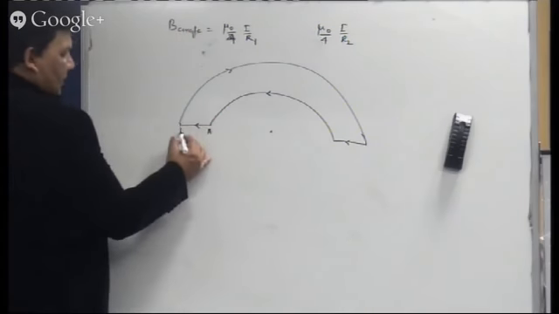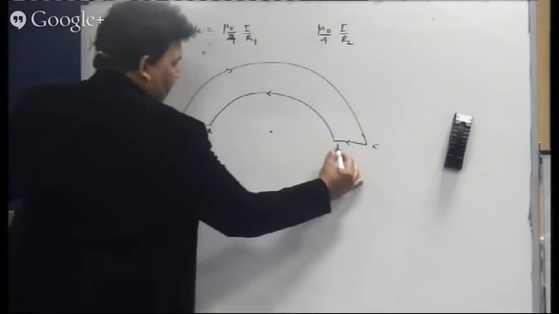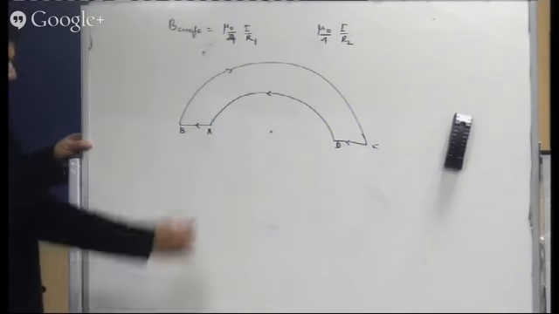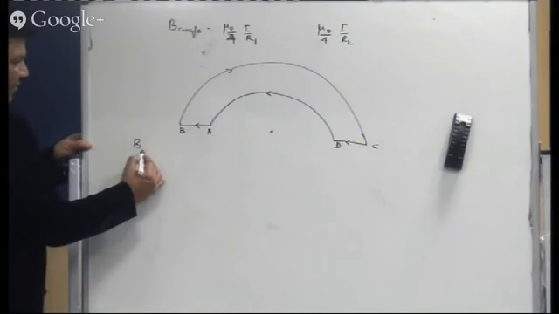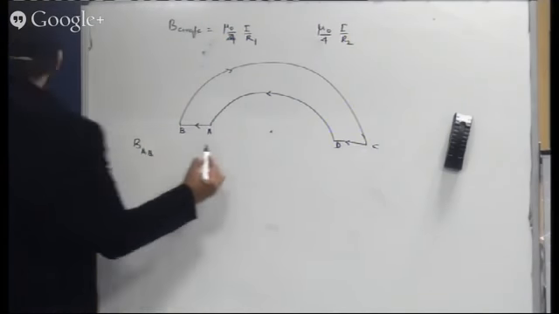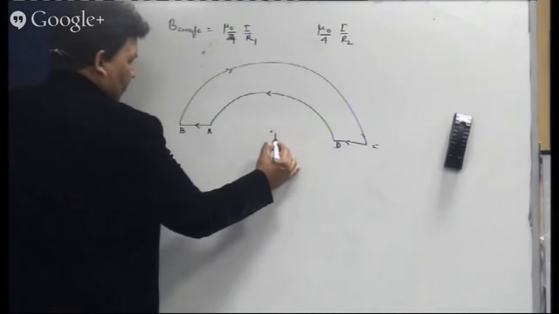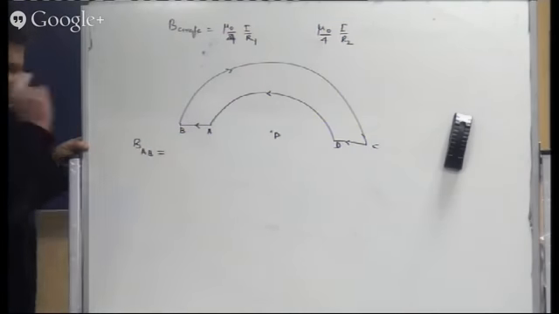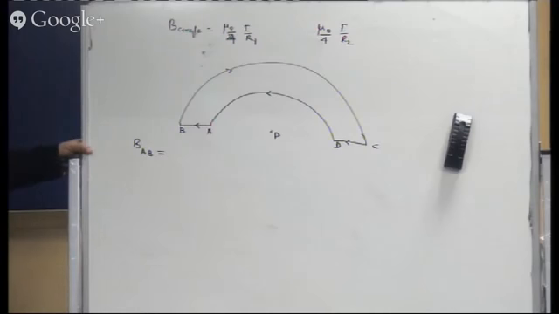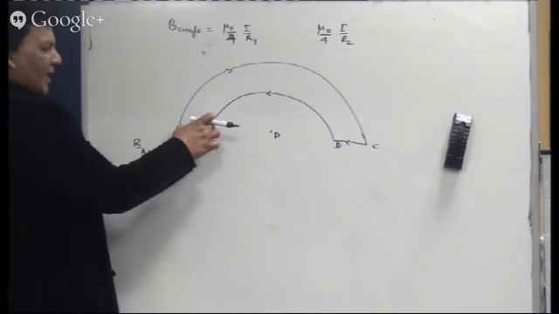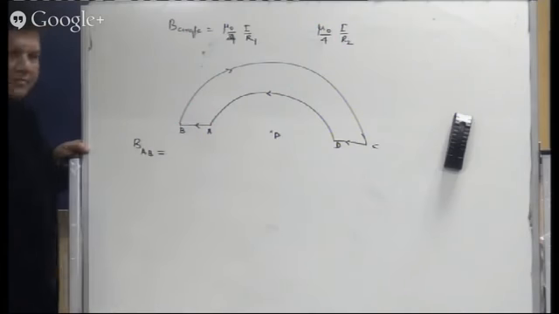If this is A, this is B, this is C and this is D. Now let's find magnetic field B due to AB at this point. इसको P. कितना होगा? I want you to tell me the magnetic field due to this element at this point.